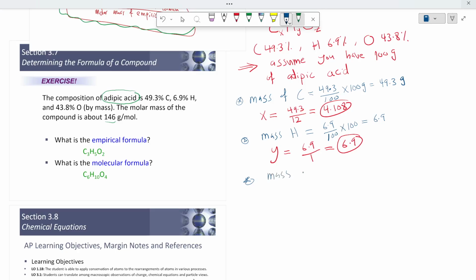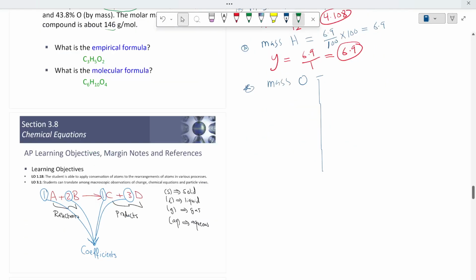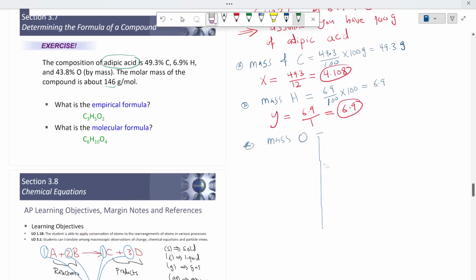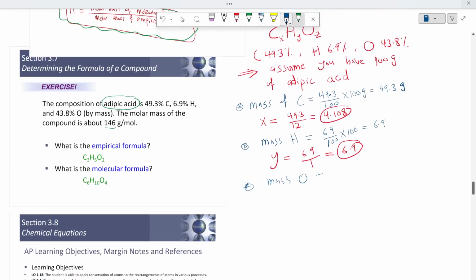Now the mass of oxygen equals the percentage of oxygen, which is 43.8, times 100 grams, which means Z, moles of oxygen, is the mass 43.8 grams over 16, the molar mass of oxygen.